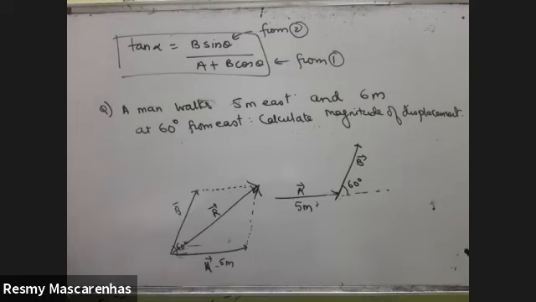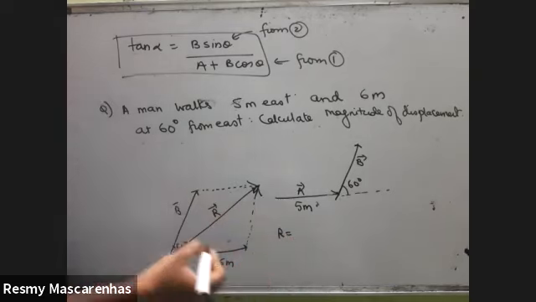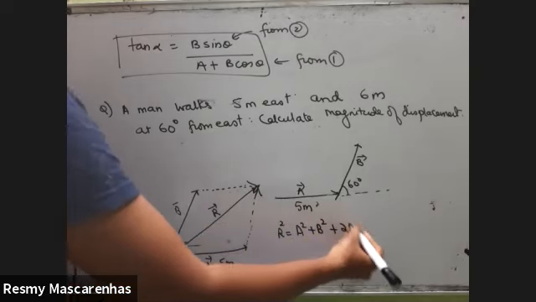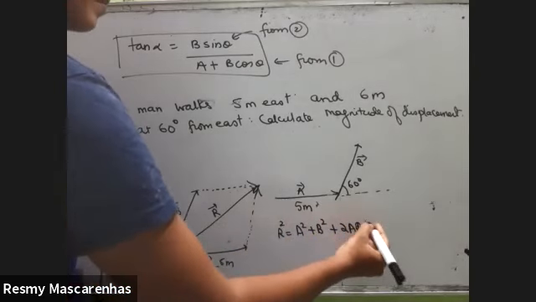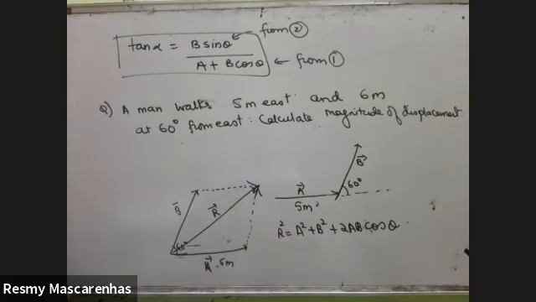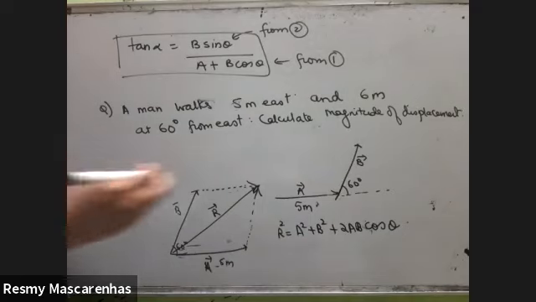So now we have to calculate just the value of R. And you know that now the angle is not 90 degrees, so you cannot use Pythagoras theorem. So the formula is there: R square is A square plus B square plus 2AB cos theta. So use this formula to calculate the value of R. B is given to me as how much? 6 meters, no?